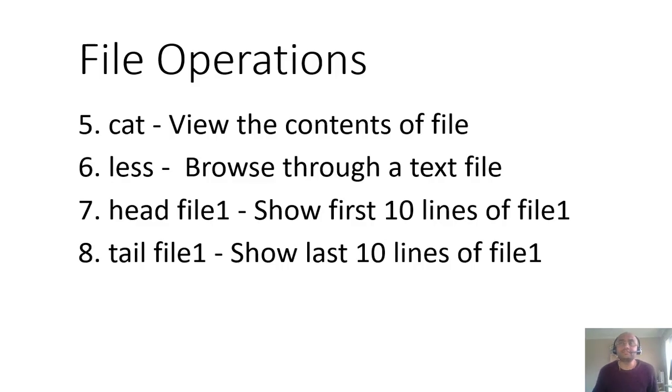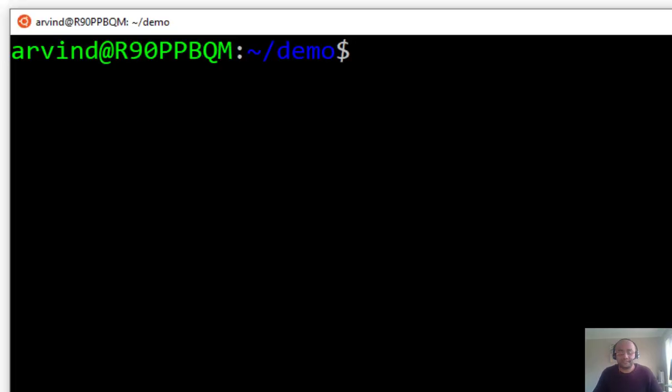Okay, now let us see the file operations. In this file operations, I would like to showcase a couple of commands, that is cat, less, head and tail. Let us see how these commands work. As we learned in the previous session, ls lists the contents of the directory.